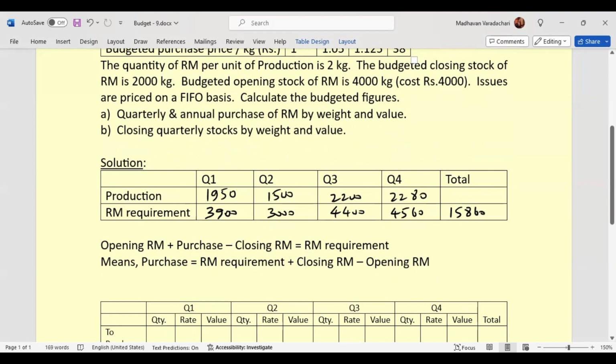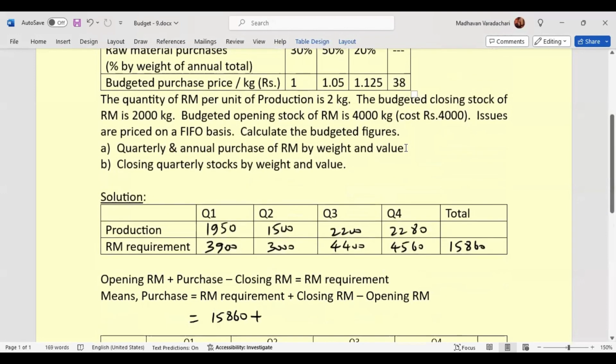That will be 15860 plus closing raw material, which is given as 2000, minus opening raw material, which is given as 4000. So the purchase quantity will work out to 13860.